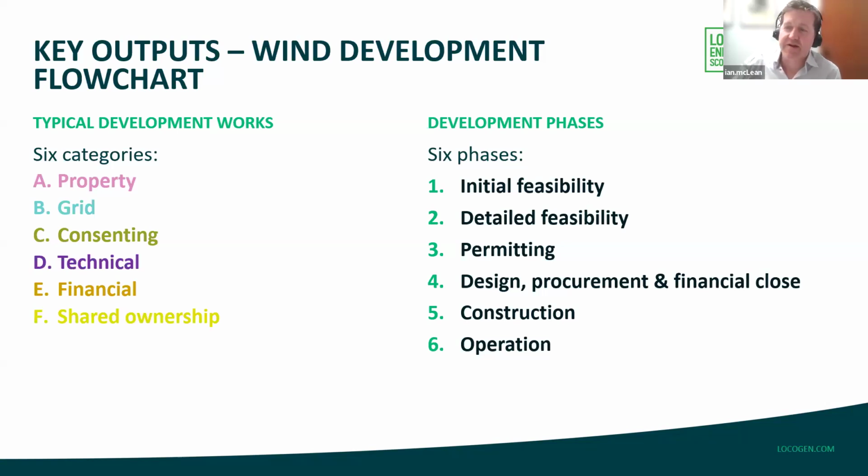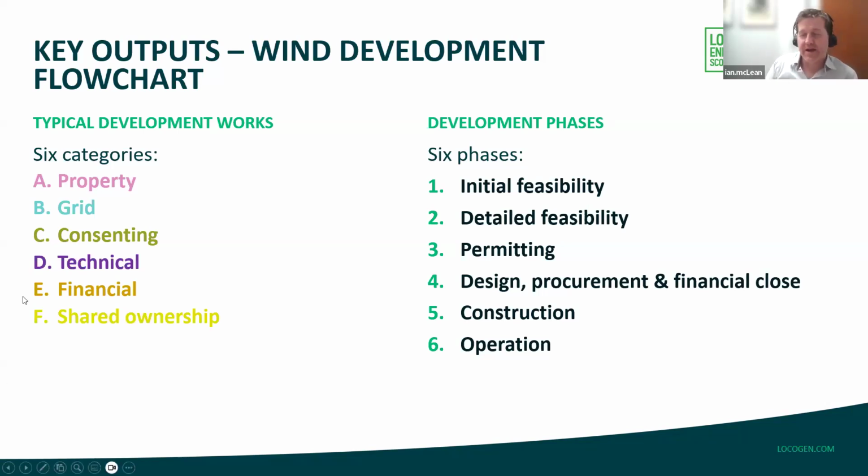And then in terms of the typical development works, the 6 categories. So property covers all of the legal agreements that are needed: leasing the land, ensuring you've got rights of access, grid connection, wayleaves or servitudes.